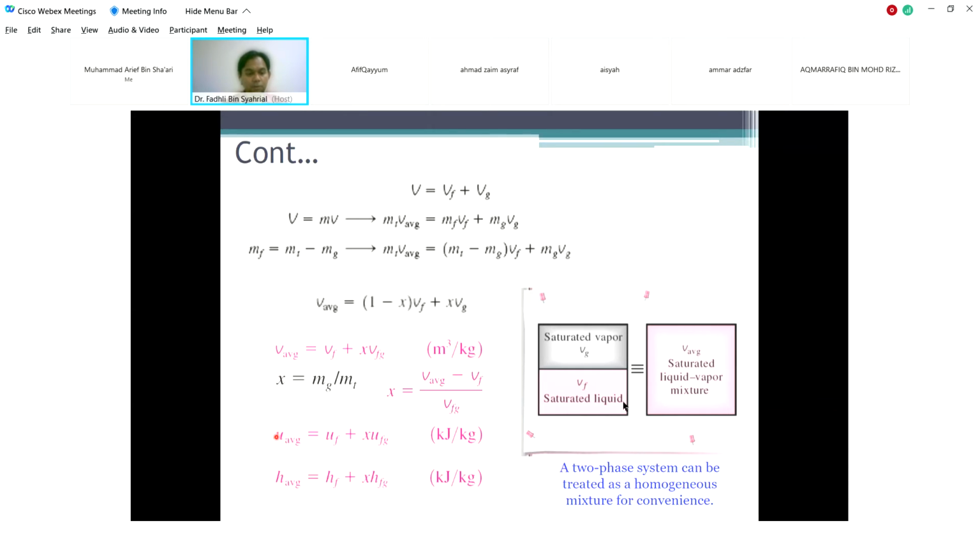It's the same, only the symbol is different. For the first case the symbol is V, but for the second case the symbol is internal energy U. U average equal to Uf plus X Ufg. And for the case of enthalpy, if you are asked to find enthalpy, then you have to follow this equation. This one is also the same, the concept is the same. The differences are only symbols.